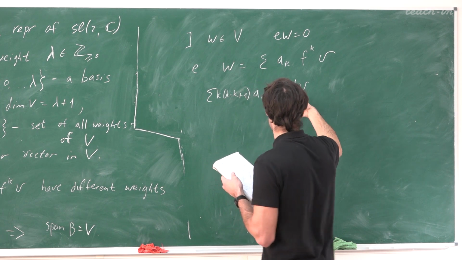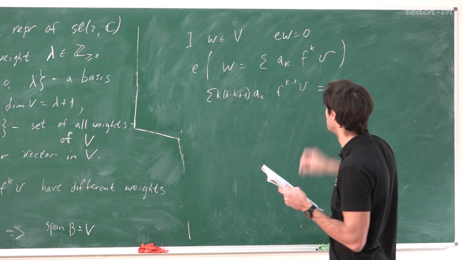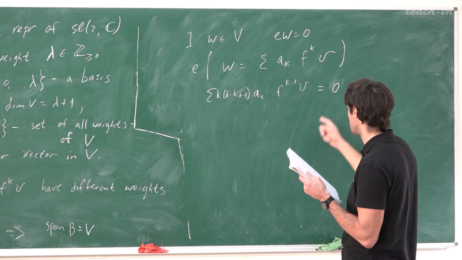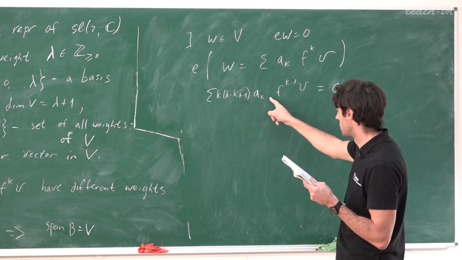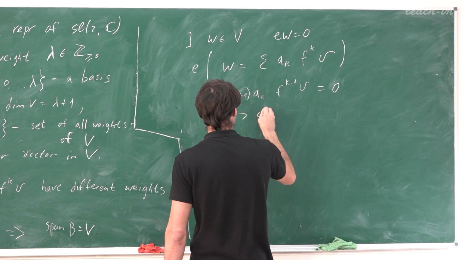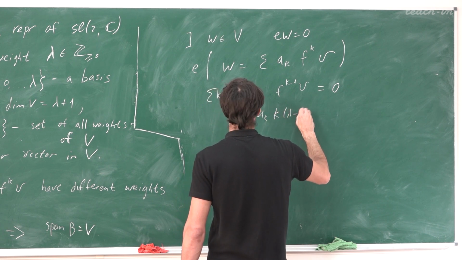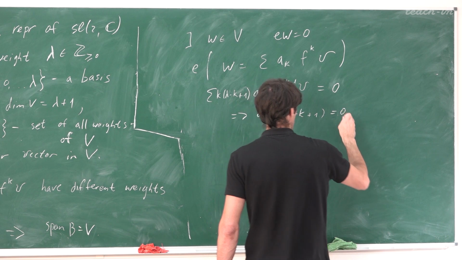Since it's a basis, this coefficient is 0. So a_k times k(lambda minus k plus 1) is 0.